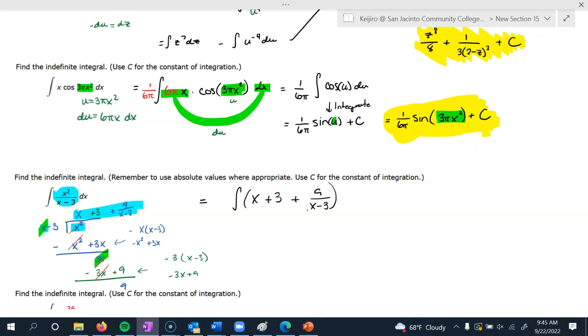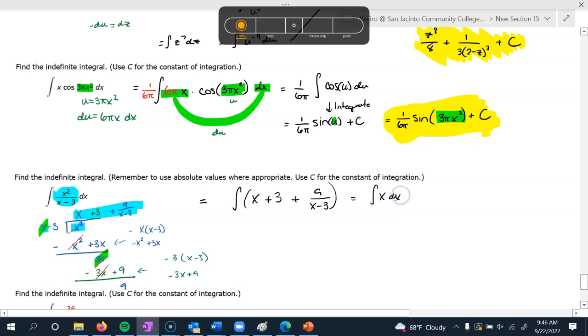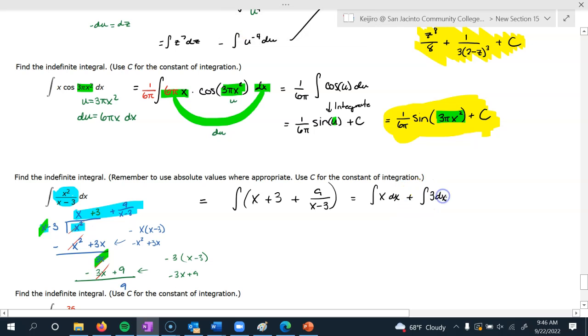It's going to fit into a du over u kind of situation. I guess I will split them up. I mean, you really don't have to, but I will: 3 dx plus 9 times the integral of 1 over x minus 3 dx.